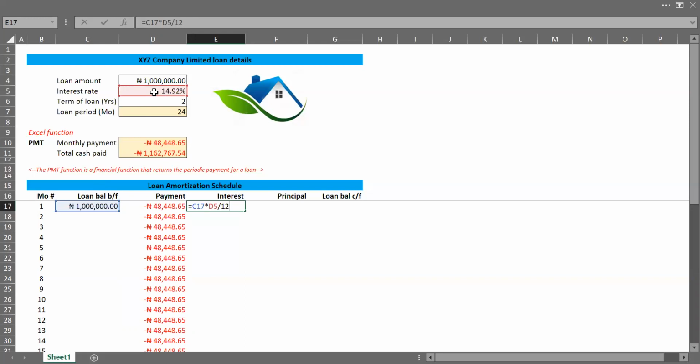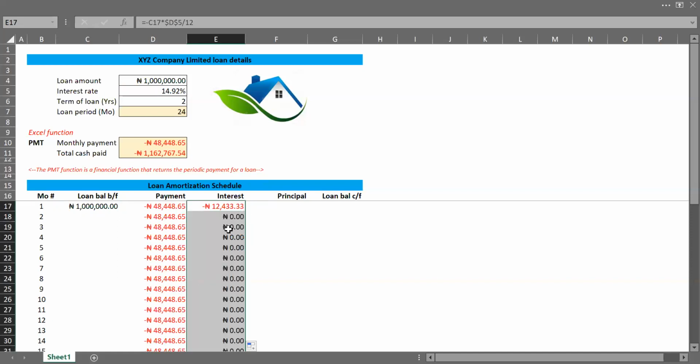Press the enter key. We need to include it in brackets to represent cash outflow, so add the negative sign to C17. Also note that because we'll be dragging down this formula for the rest of the months, we need to freeze the interest rate, which is in D5. So I'll click on D5 and press the F4 button. Press the enter key so I can drag down.